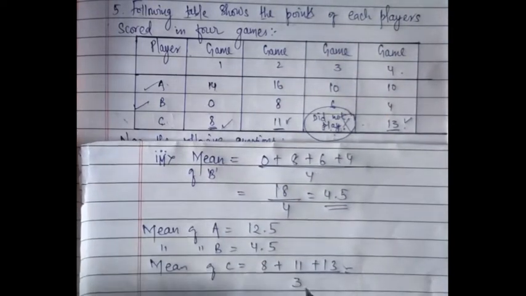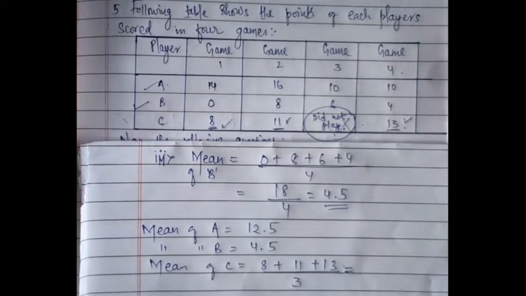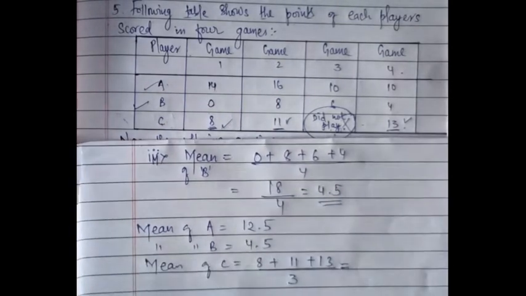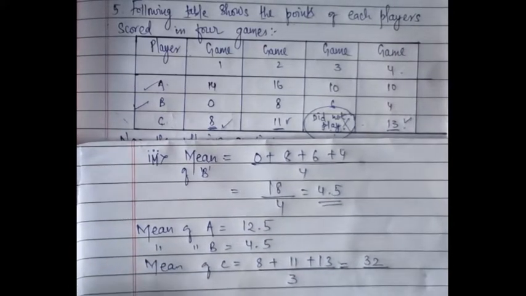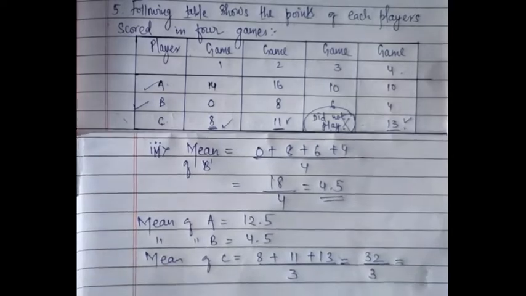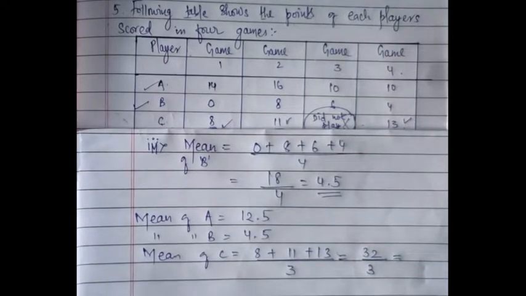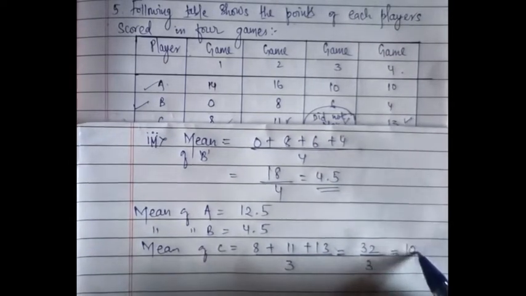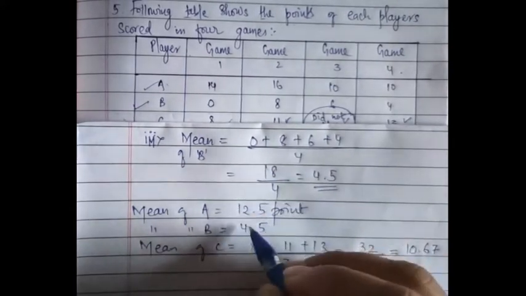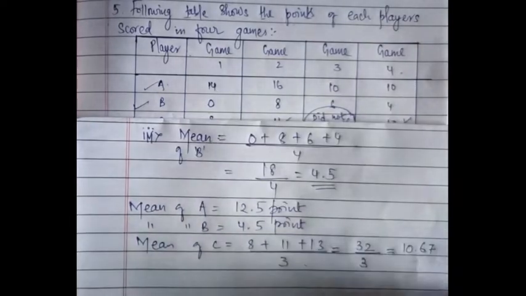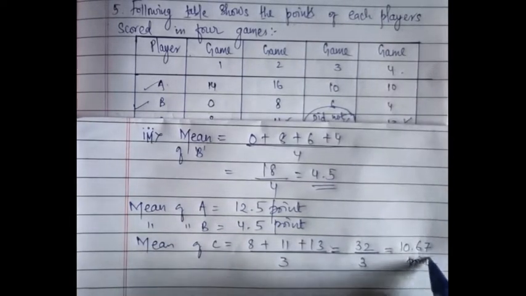So 8 plus 11 plus 13: 8 plus 11 is 19, 19 plus 13 is 32, divided by 3. When you divide this, you will get 10.67. So the mean of A is 12.5 points, B is 4.5 points, and C is 10.67 points.